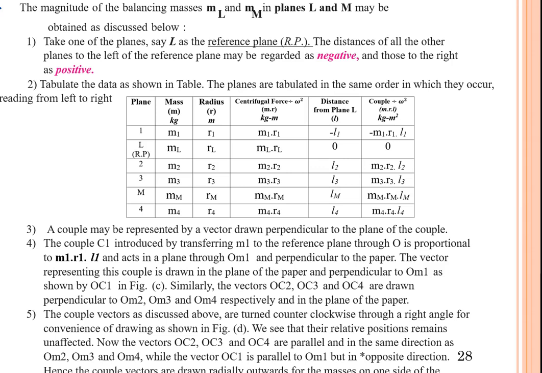For the second mass, take M2 R2 L2. For the third mass, M3 R3 L3. For the capital M mass, take MM, RM, LM. For the fourth mass, take M4 R4 L4.